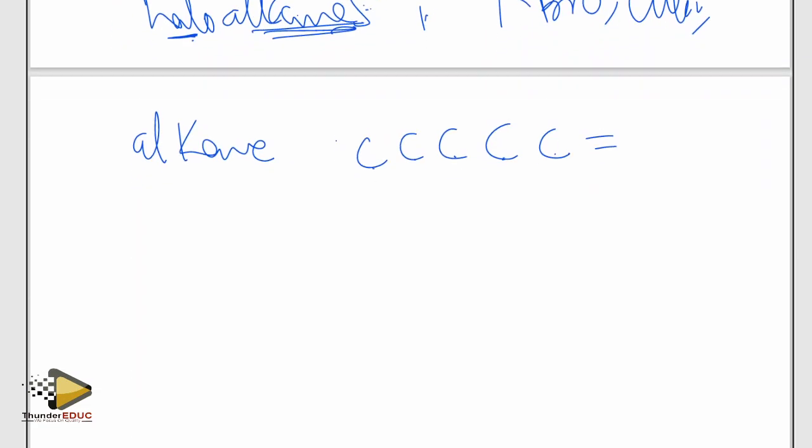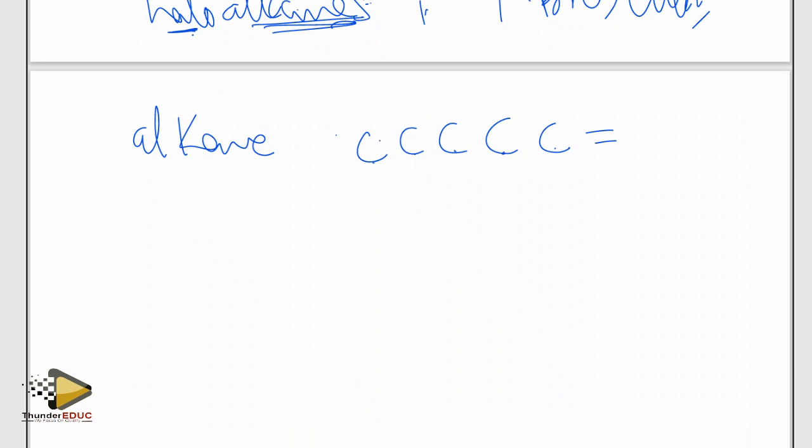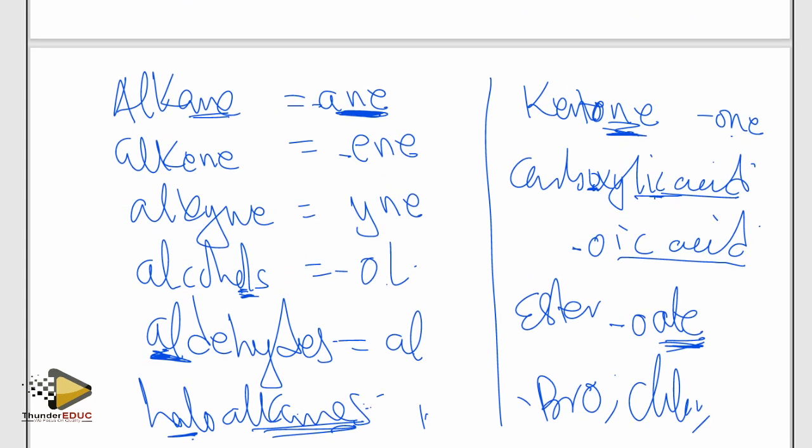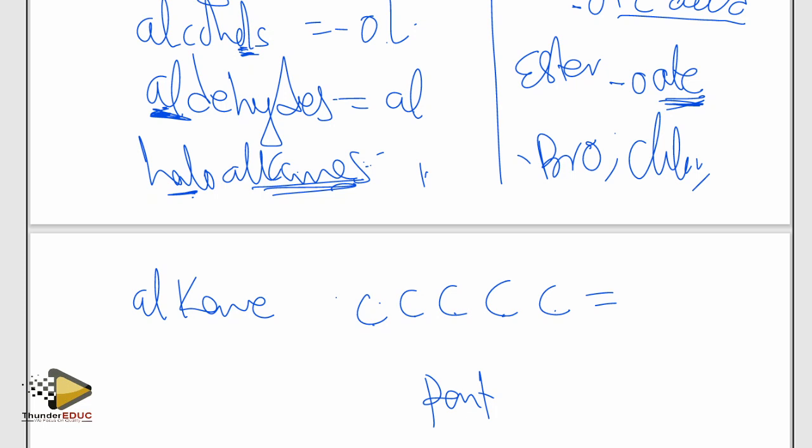So I come here and say this is pent. Don't forget to put the hydrogens, as I explained before. Pent, it is an alkane, therefore we add this. The prefix combined with the suffix forms the main chain, so it becomes pentane. Why is it pentane? Because it is single bond throughout.